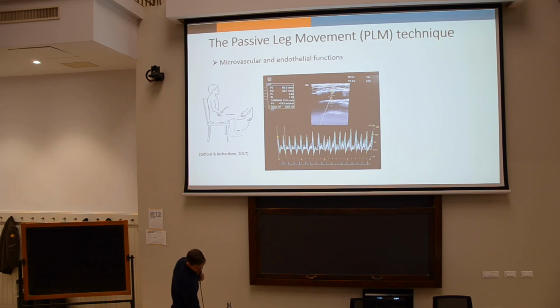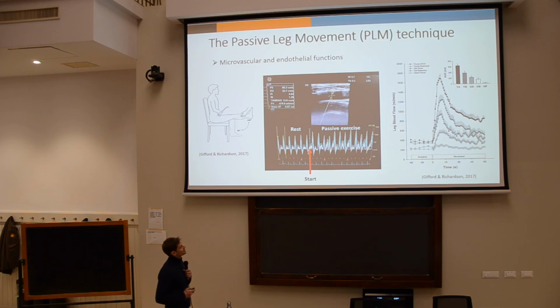This passive movement determines a transient increase in blood flow velocity, which has been proven to be primarily driven by nitric oxide peripheral vasodilation. By multiplying the blood flow velocity by the cross-sectional area of the vessel, it is possible to obtain blood flow data.